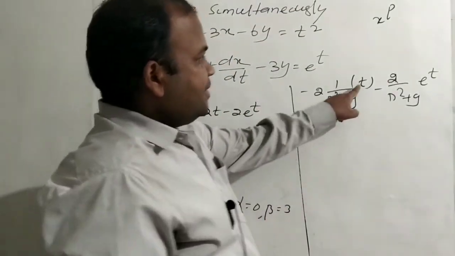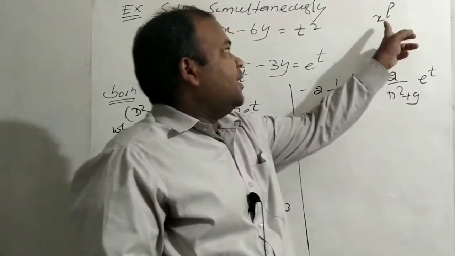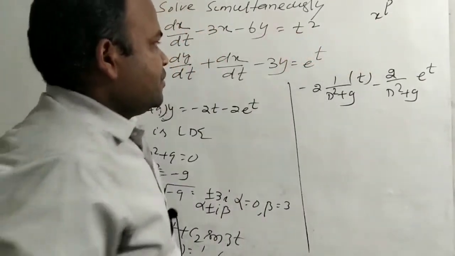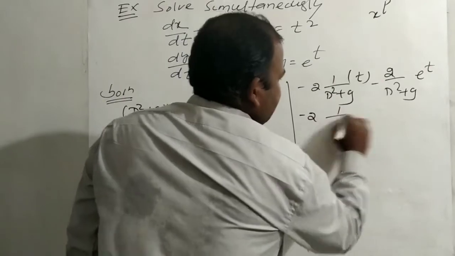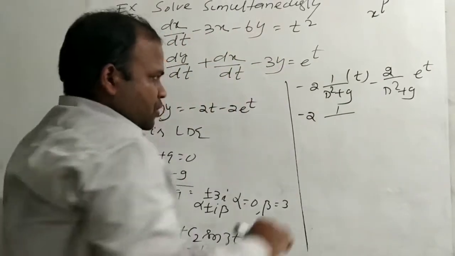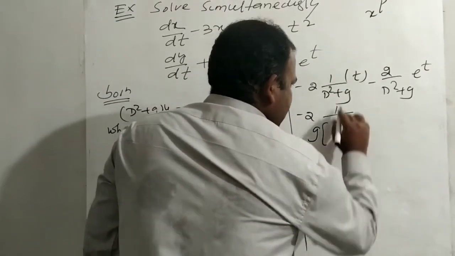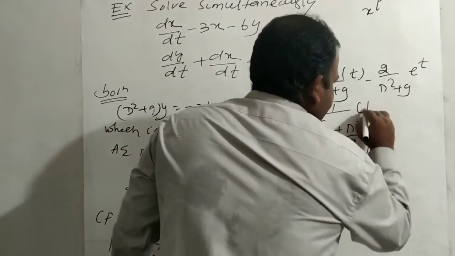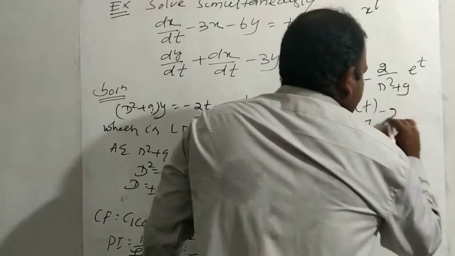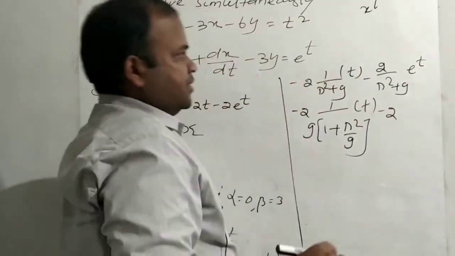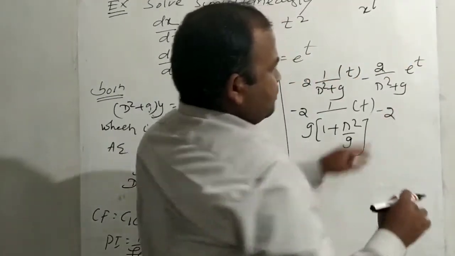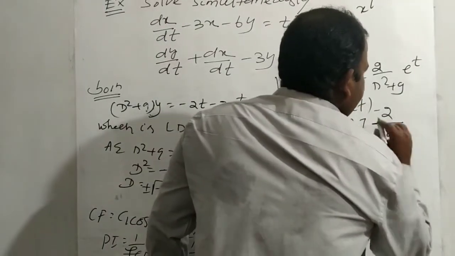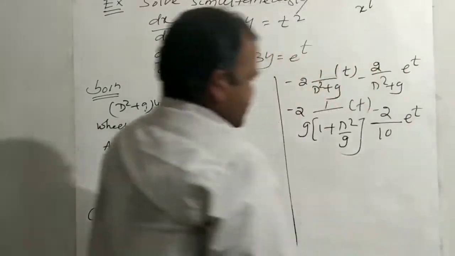So this is t raised to p. In LDE this is x raised to p, but here x is t. So this is minus 2, you will common the constants. So the 9 will be common. So this is 1 plus d square by 9 into t and minus 2, and this is type first, a equals to 1. So you will replace d by a. So this is minus 2 by 10 into e raised to t.